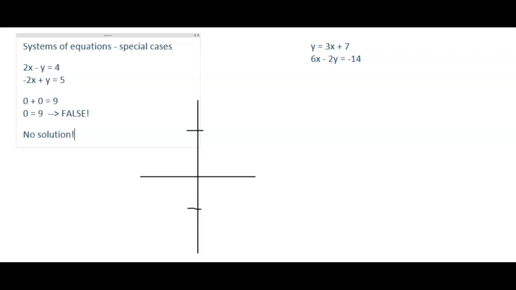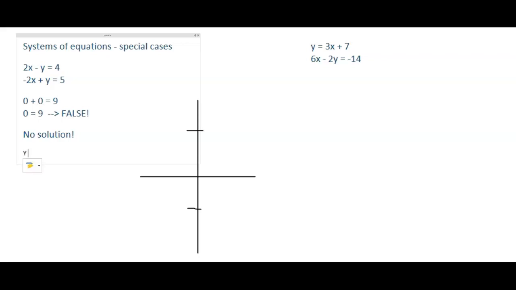Well, how did this happen? What does this mean? I'm going to look back at my original equations up here, and I'm going to put them both in slope-intercept form, since we said long ago the solution to a system of equations is the intersection point of the two graphs. Let's see what that looks like. If I put my top equation in slope-intercept form, I'm going to subtract 2x, and then multiply through by negative 1.